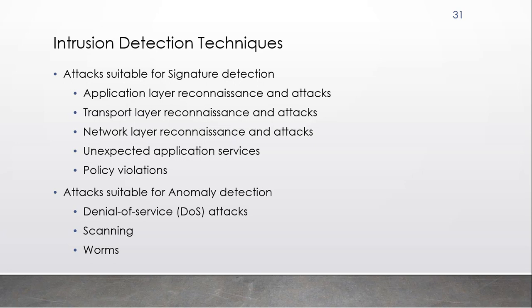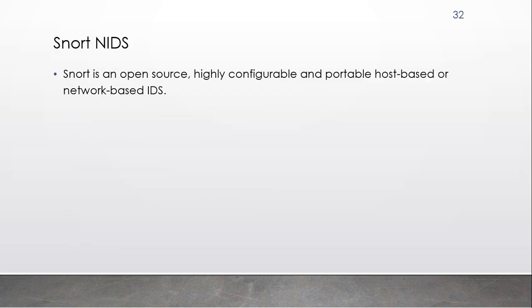Thus, a scanning attack acts as a target identification tool for an attacker. Scanning can be detected by atypical flow patterns at the application layer, transport layer, and network layer. We'll also note here that many worms perform scanning.